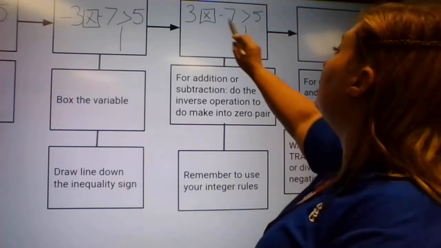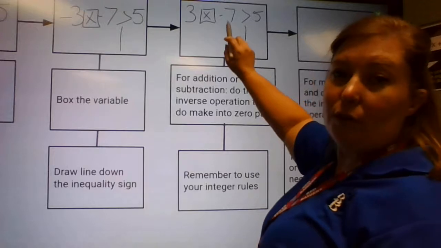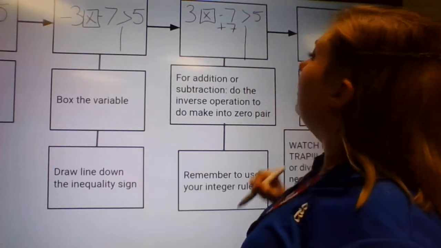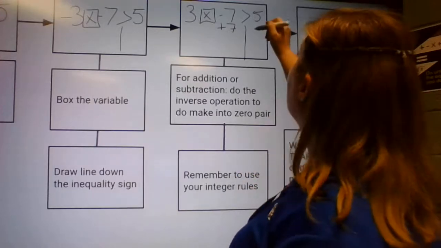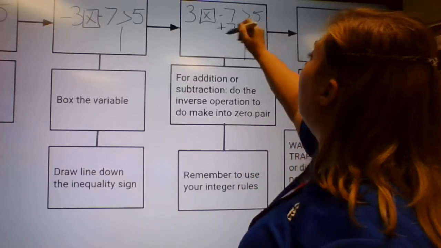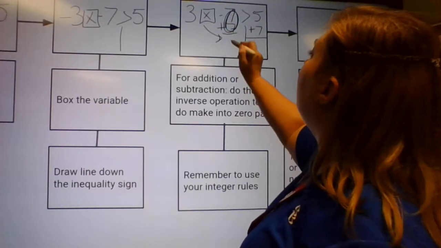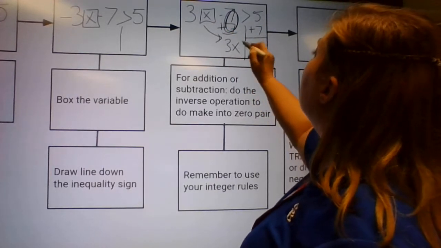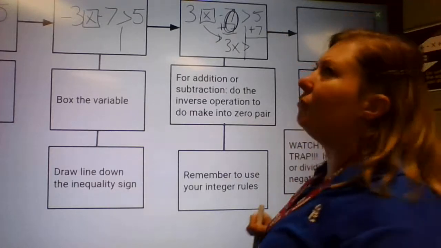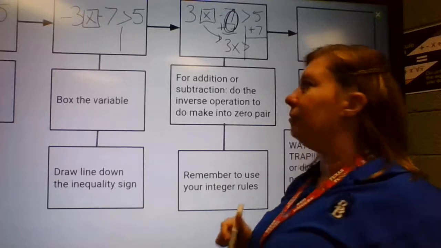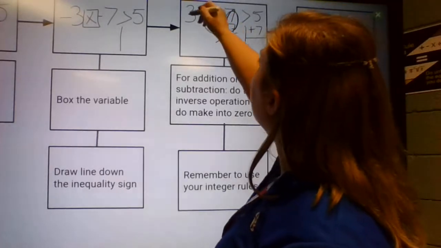So I need to undo this minus 7 first, so I'm going to say plus 7. And whatever I do to one side, do to the other. That will cause this to zero out, and I still have negative 3x, and then whatever this answer is. 5 plus 7 is 12. Forgot my negative symbol.